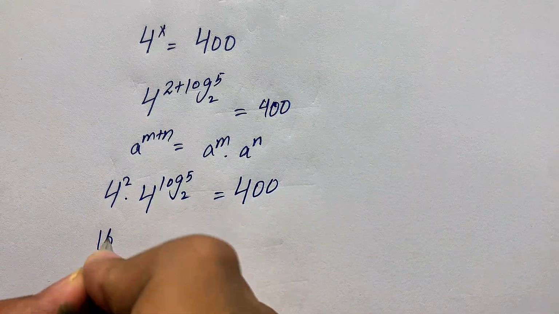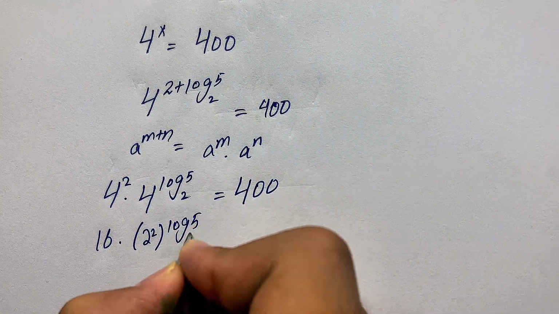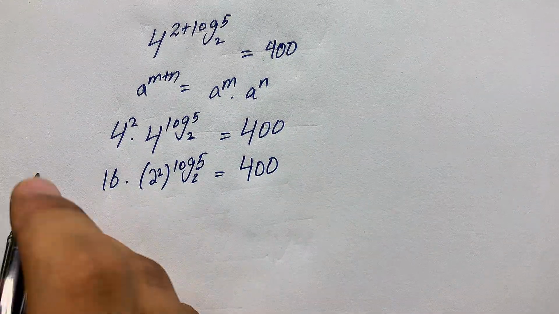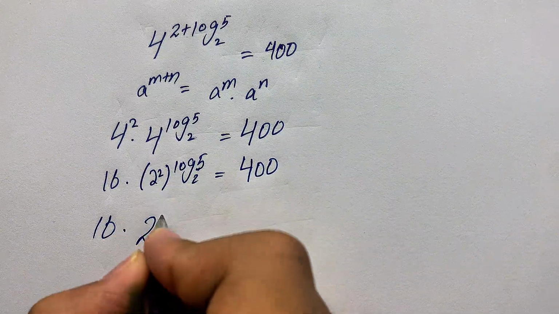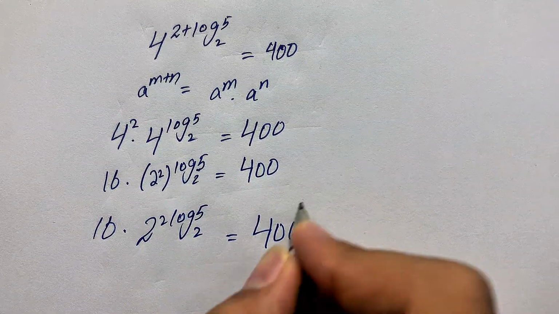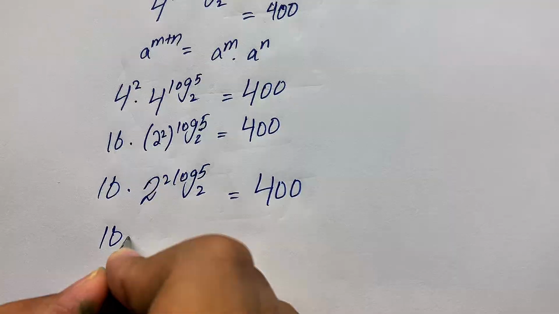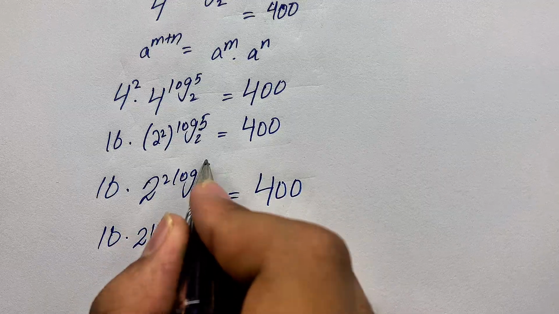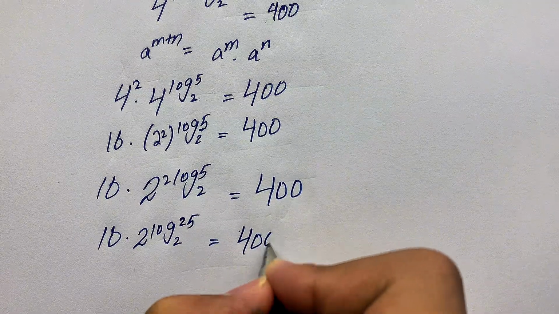Now 4 square is 16, into 4 is 2 square, log of 5 base 2 is equal to 400. Next, 16 into 2 to the power 2 log of 5 base 2 is equal to 400, and this will be 16 into 2 to the power log of 5 square, which is 25, base 2 is equal to 400.